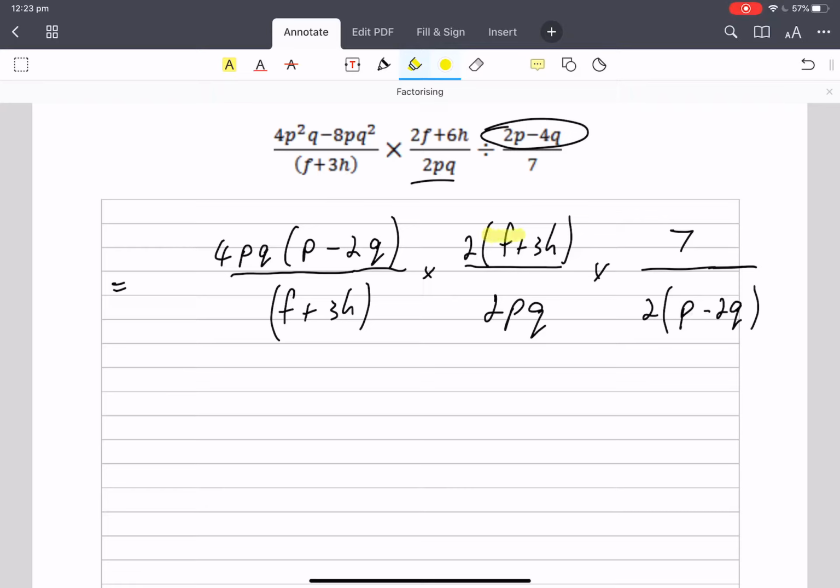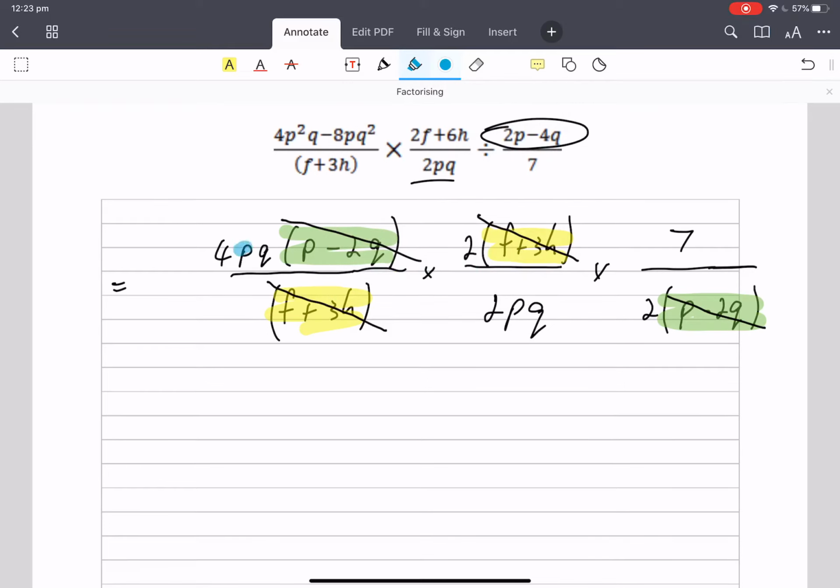Okay, see this bracket and that bracket? They are the same bracket, so the whole bracket cancels. P minus 2Q, the whole bracket cancels.